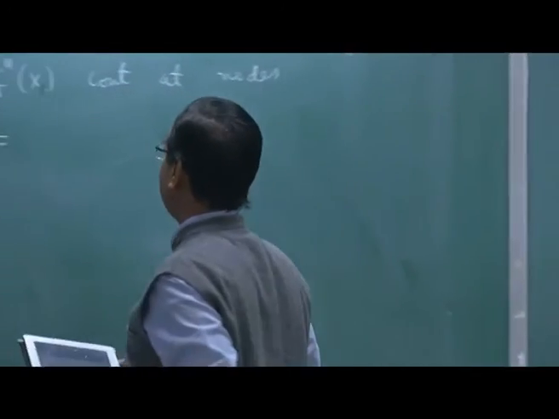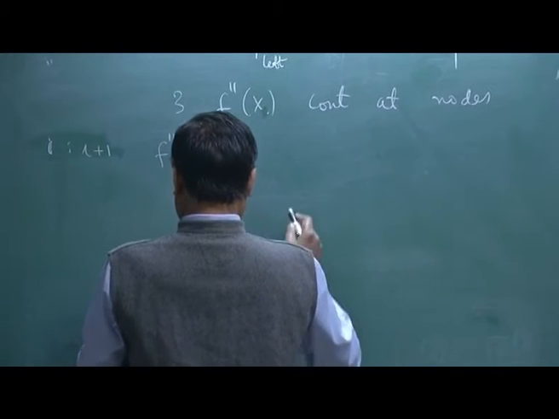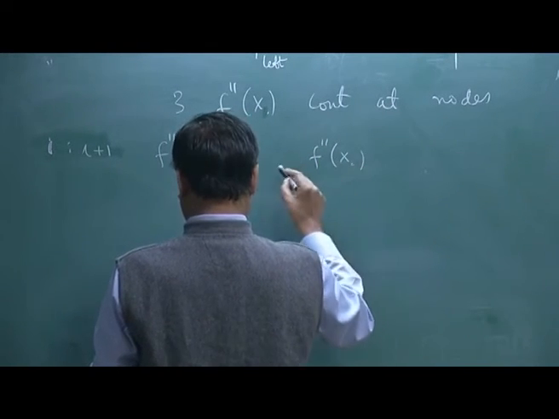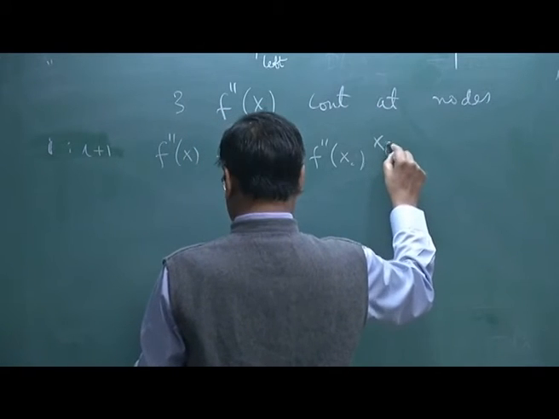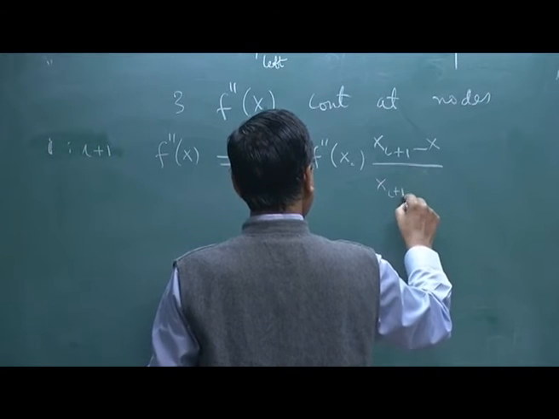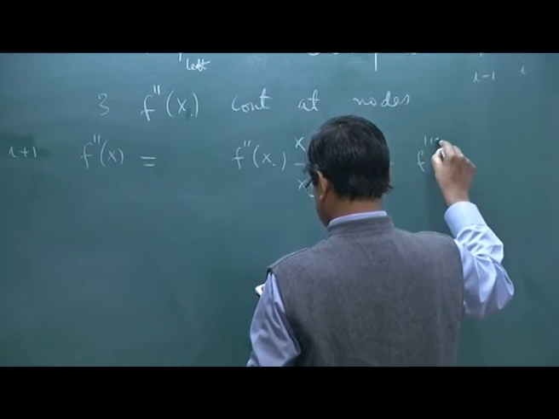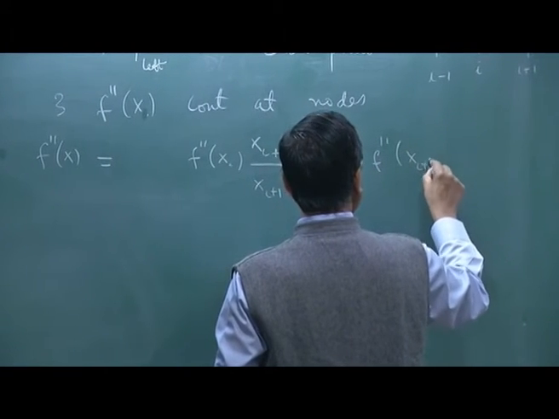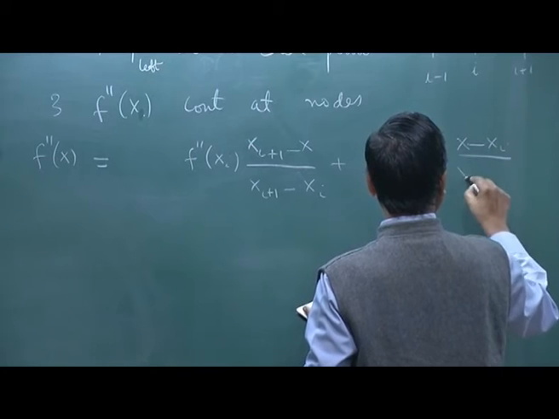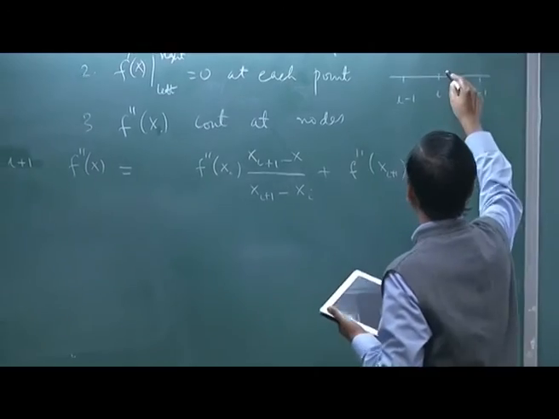So what is this? By Lagrange interpolation, the formula is linear interpolation: xi plus 1 minus x divided by the gap of this interval.